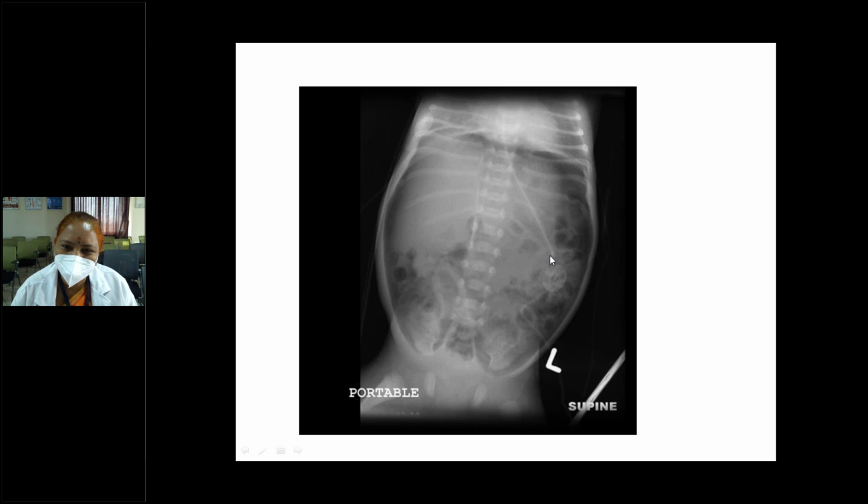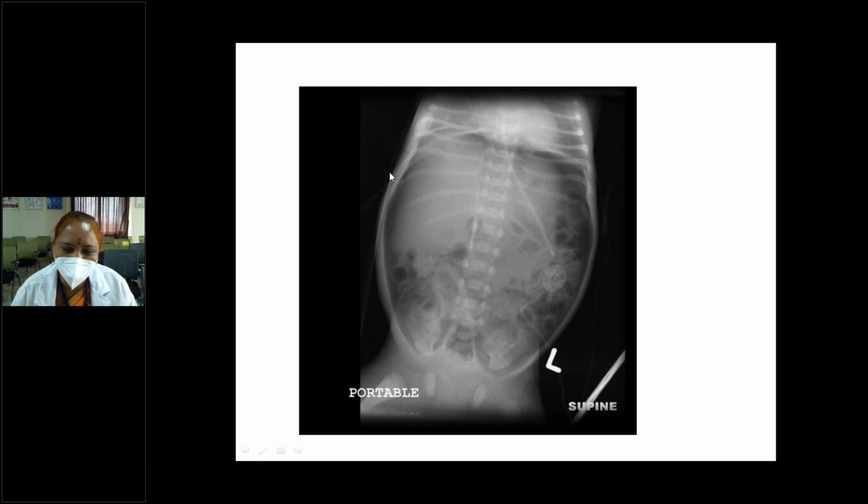Skin and soft tissues are normal. Haziness present at the right upper quadrant. Homogeneous. This is the upper part of the chest and this all is abdomen.